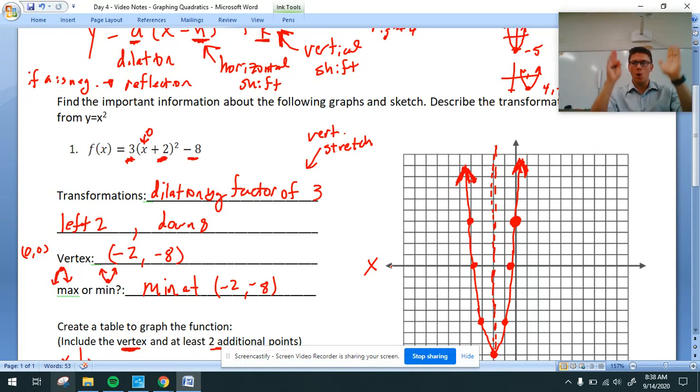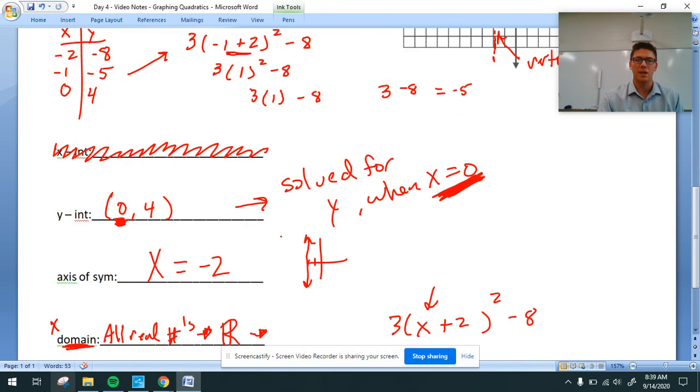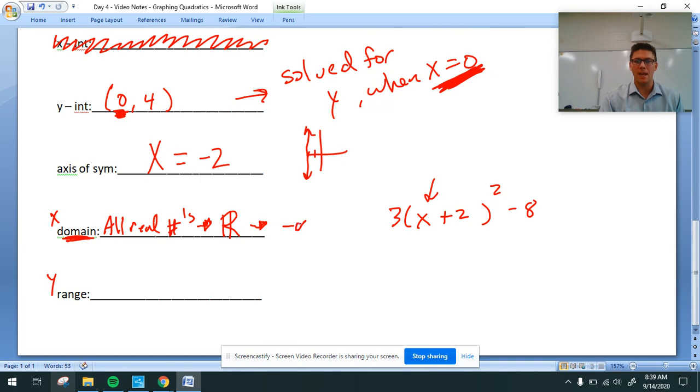It's continuing to move further to the left and further to the right forever, so it's taking up every single x value you could ever think of. Forever to the left, we call negative infinity. Forever to the right, we call positive infinity. So we could say from negative infinity to infinity.